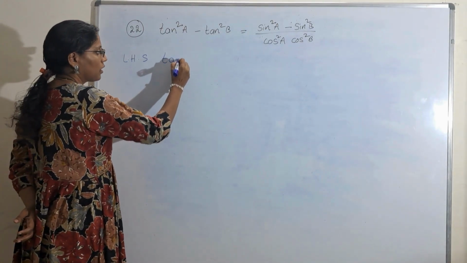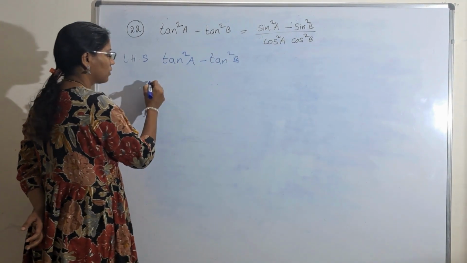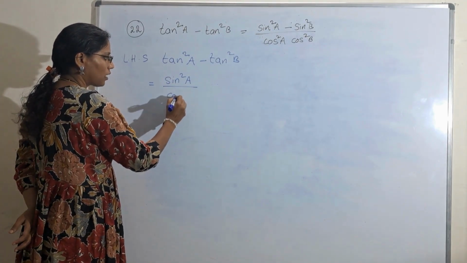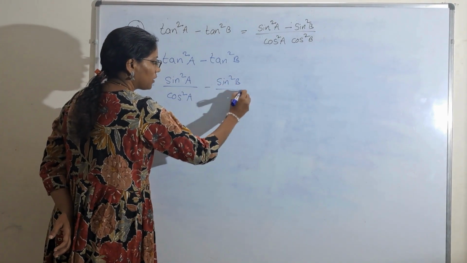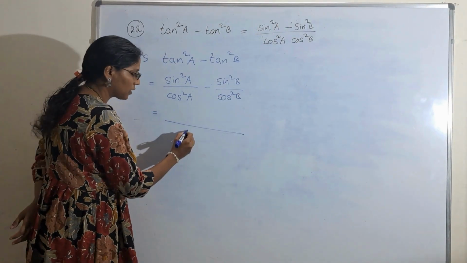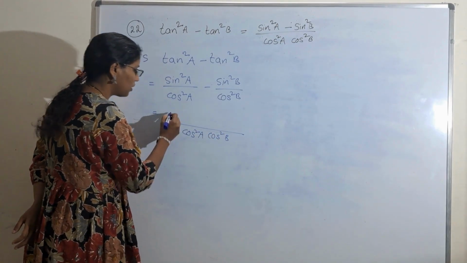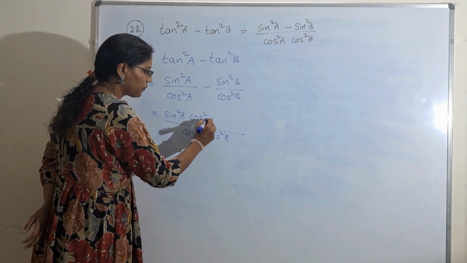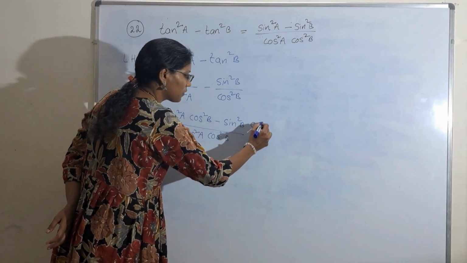LHS: tan square A minus tan square B. Tan A formula: sin square A by cos square A minus sin square B by cos square B. Take LCM: cos square A, cos square B, into here sin square A into cos square B minus sin square B into cos square A.